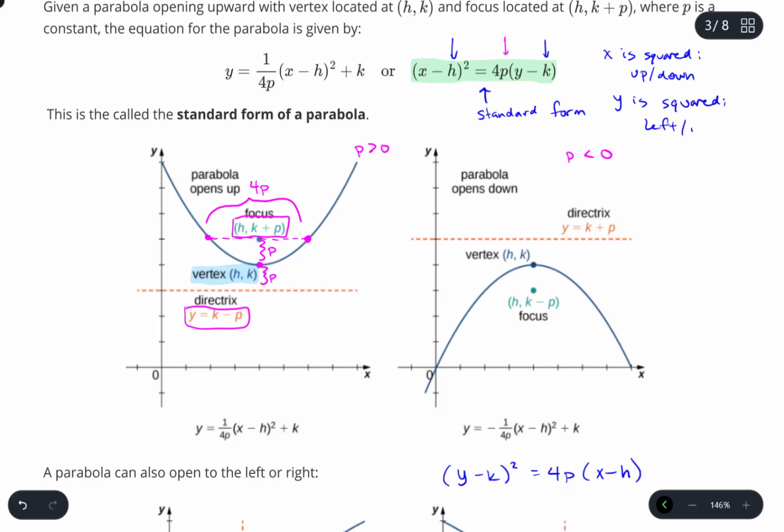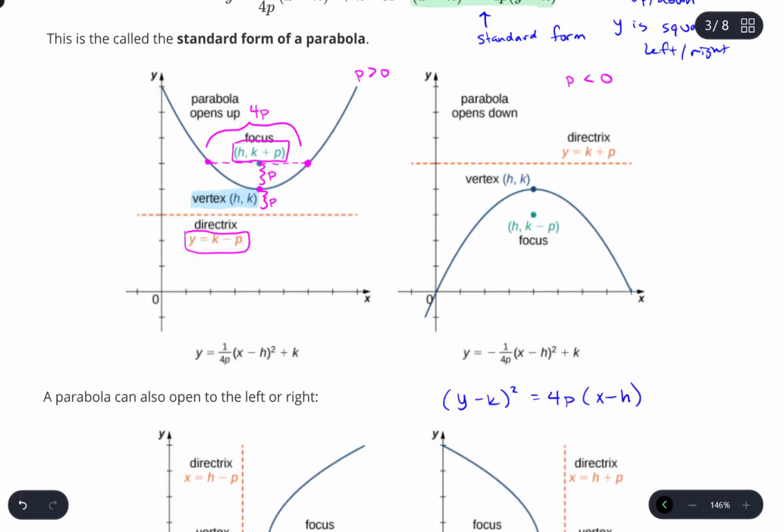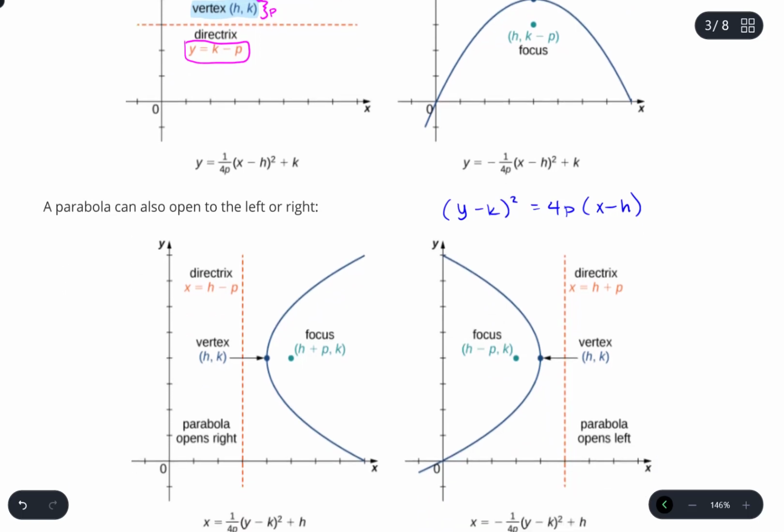The way that I remember that is I think of the simplest parabola that I know, y equals x squared. I know that opens upward, so that tells me right away. From there, it really just comes down to positive and negative. So if your p is positive, it's going to open toward the positive direction, which is the right. And if p is negative, it would open toward the left.